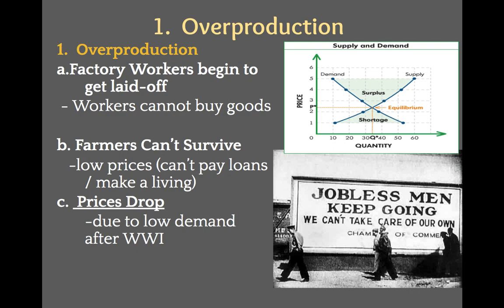So factories have to lay off workers because they have to slow down production, and the farmers can't pay back their loans for that new fancy equipment that we talked about. So prices are dropping, low demand, people begin losing their jobs. Okay, so big thing, overproduction. We see that in both the industry with the factory workers and with agriculture and farmers. Okay, so after World War I, demand for goods is going to drop both agriculturally and industrially.